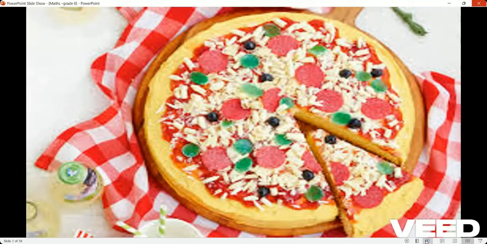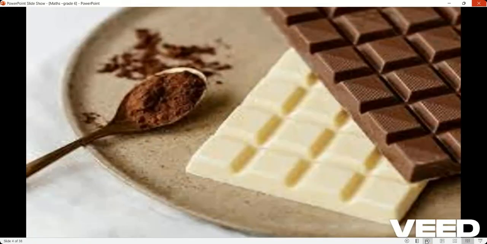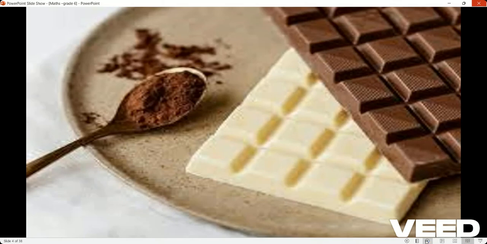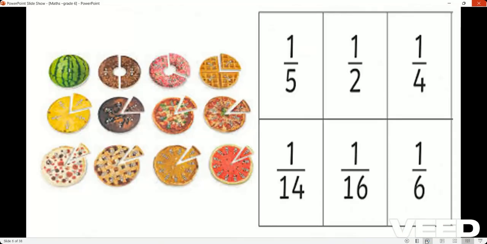Have you ever cut a cake or a pizza into equal slices to share it with your friends? Or maybe you divide a chocolate bar into smaller, fair pieces.